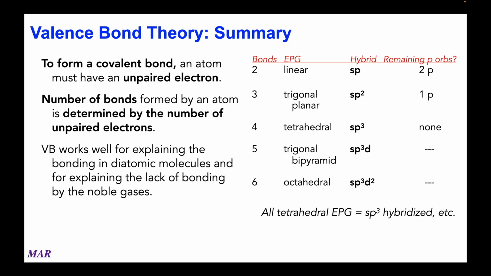And that means that to make one of those orbitals, it took one s, 3 p's, and 1 d orbital to make it happen. And that means because you put 5 orbitals in, you're going to get 5 orbitals out. 5 orbitals will get to the place of maximum distance between each other. Welcome to the trigonal bipyramid, etc., etc.